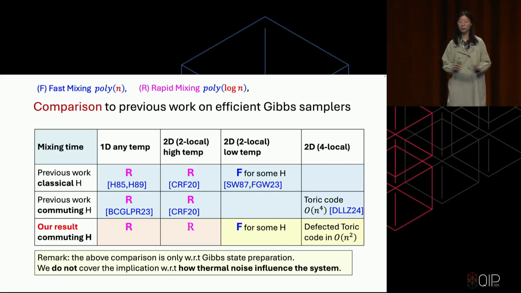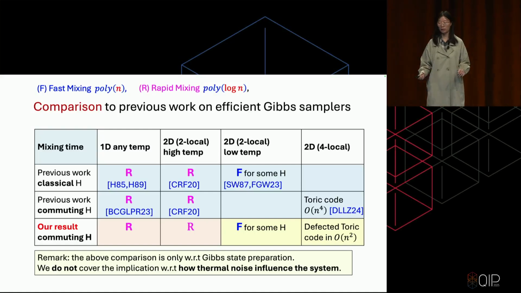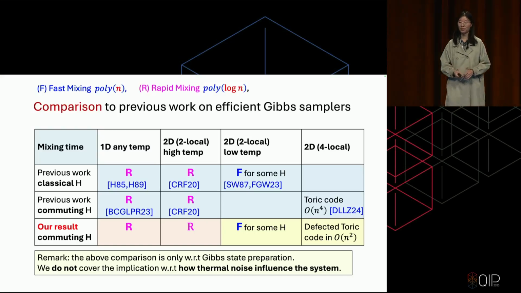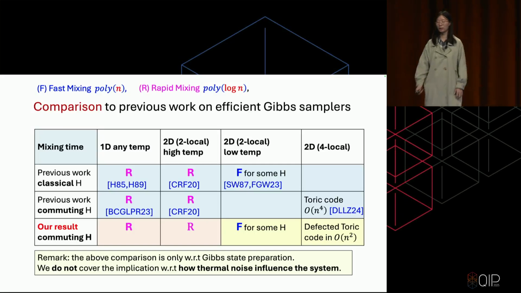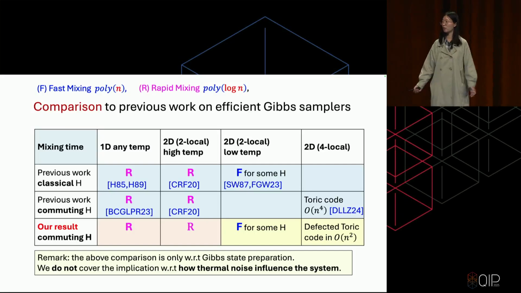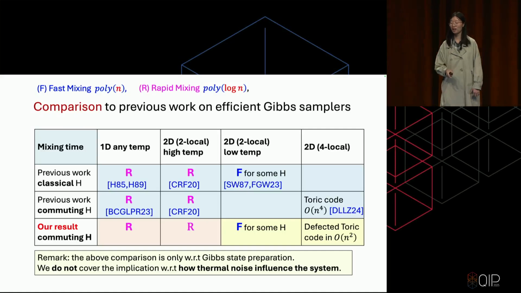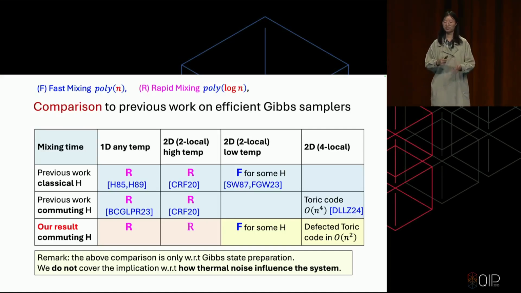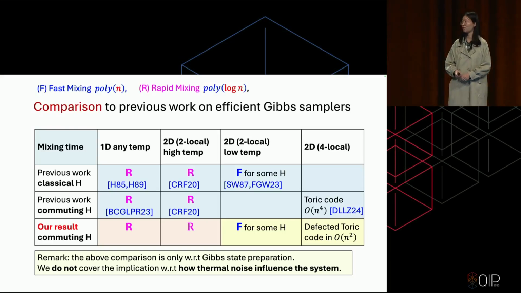People study Gibbs states for the toric code for many different reasons. For example, there's some connection between the summarization process of the toric code and error correcting codes. That's why the previous paper did something like this. But here we just make some artificial comparison. This is not our goal.